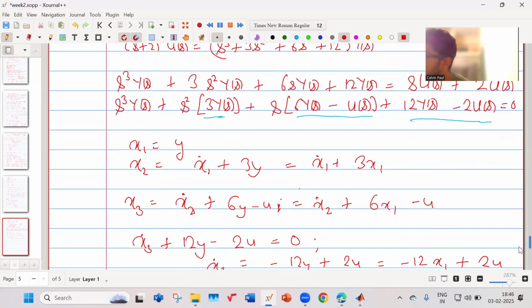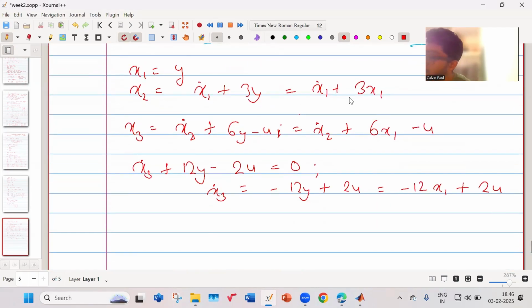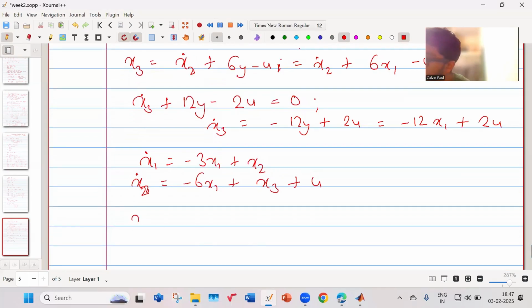So we rearrange these equations again. We have x1 dot is equal to minus 3x1 plus x2, x2 dot is equal to minus 6x1 plus x3 plus u, and x3 dot is equal to minus 12x1 plus 2u.